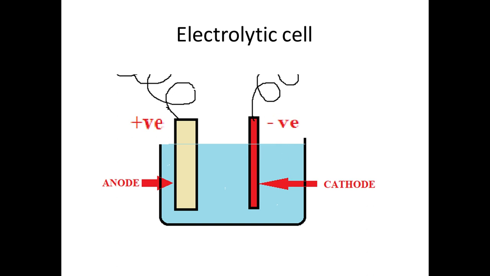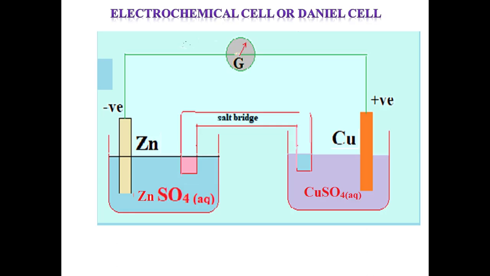Even two half cells are not there in an electrolytic cell, while an electrochemical cell contains two half cells and both are connected internally with the help of the salt bridge. These are the basic differences between electrolytic and electrochemical cells.